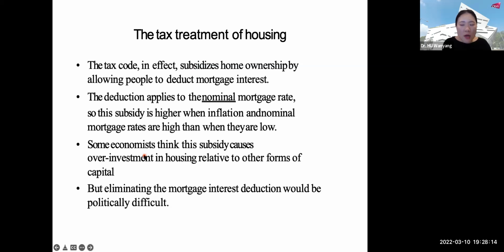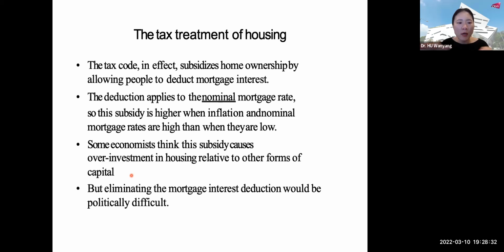But some economists are quite against such tax treatment, because they think it will cause overinvestment in housing relative to other forms of capital. It's like the opportunity cost concept.